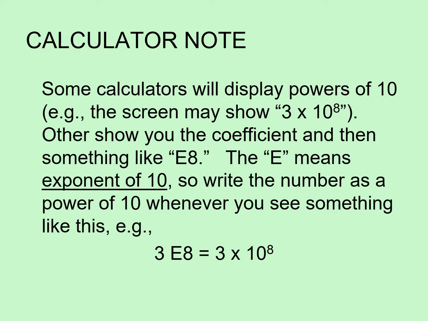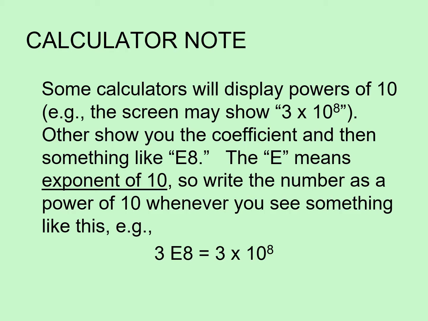As I noted in an earlier video, some calculators will display your times 10 to the 8th right on the screen, but others will not do that. They will give you something called the E value. So you might see E8, for example.